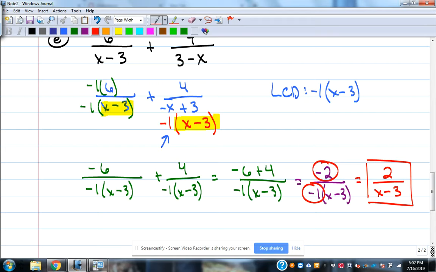There's a couple of different ways to do that, but that's the way I think shows the factoring as being an important part of that. I think that helps with that problem. So anytime the denominator is not in descending order, put it in that order, and it usually will lend itself to factoring to get there.